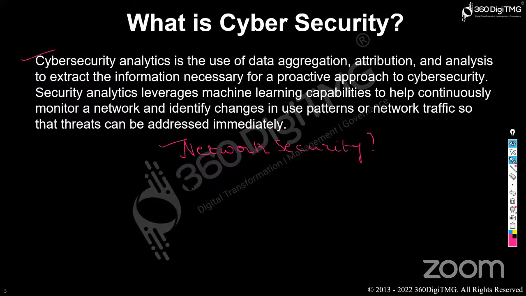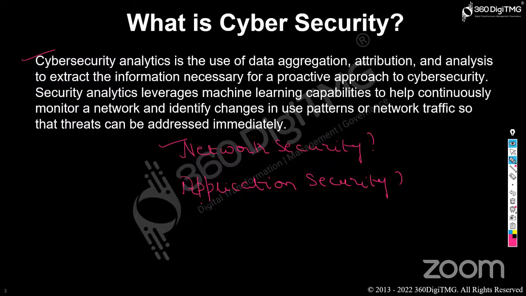Then another term is your application security. Application security, guys, focuses on keeping the software and devices free of threats. A compromised application, what will happen? Suppose you have an app on your mobile or on your iPad and it gets compromised.